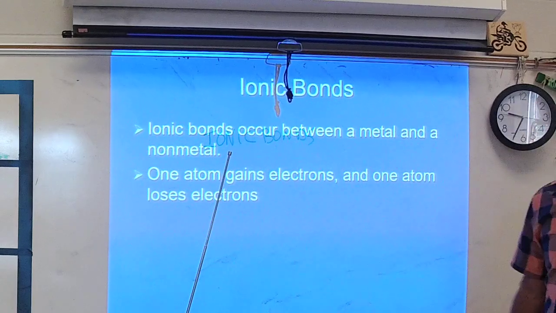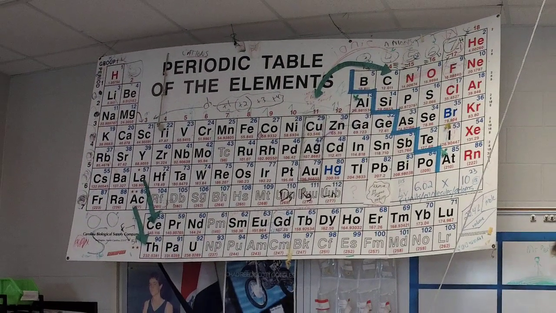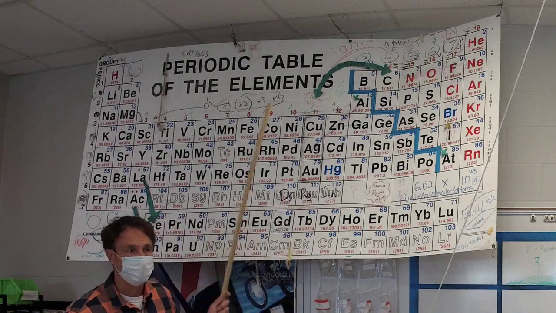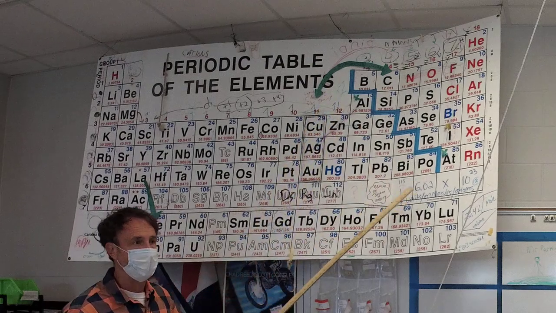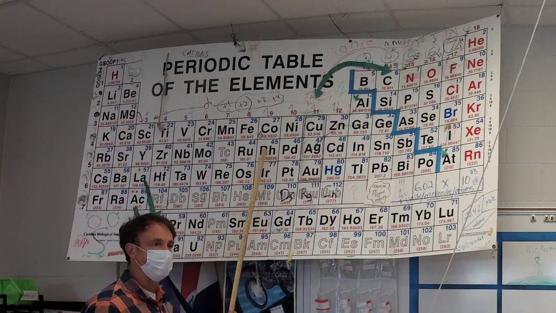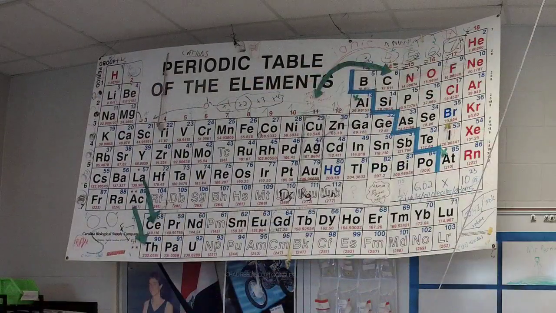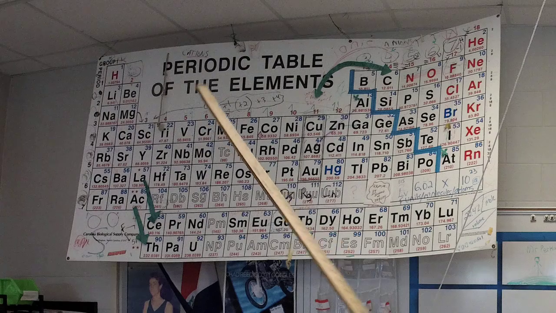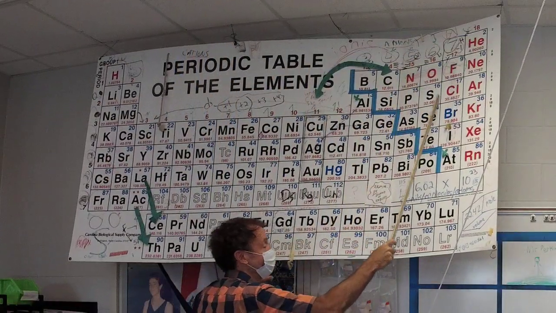Ionic bonds, okay? So first, the little saying I like to say is, if you look up here, here are metals, right? Here are the stairs. Everything on this side of the stairs is a metal, and everything on this side of the stairs is a nonmetal.